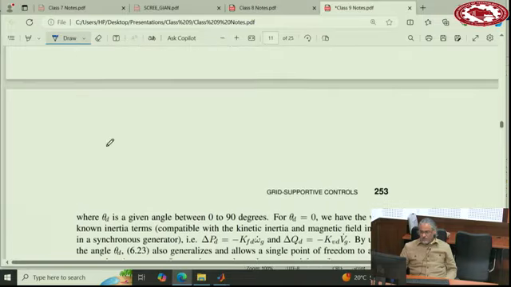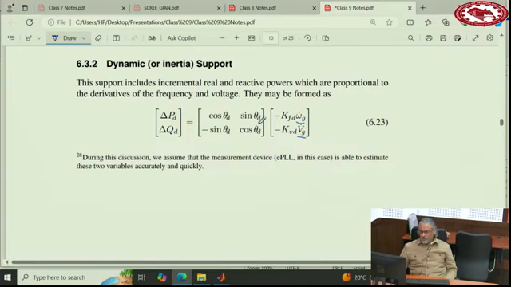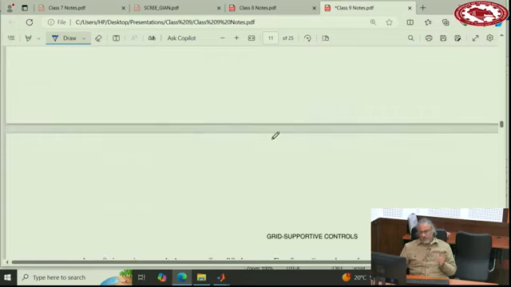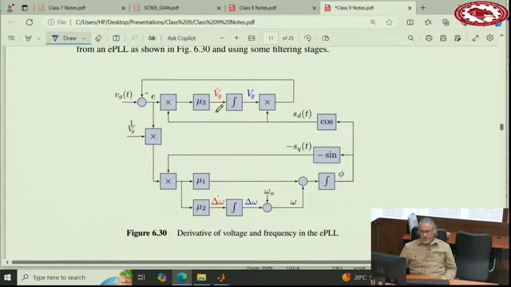So if you want to, for instance, calculate the differentiation of frequency and magnitude of the grid, which normally we don't need, but some people go to this approach, you can use EPLL. When you apply VG, before the integrator it gives you the derivative of the magnitude, and here before the integrator it gives you the derivative of the frequency.